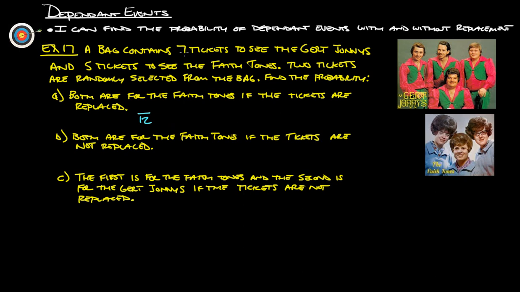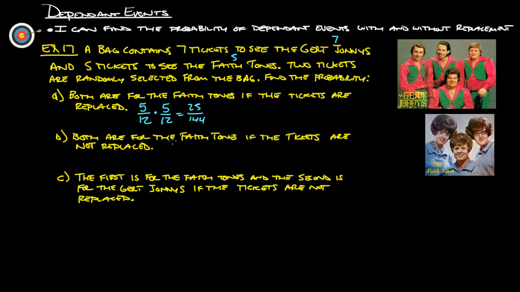So both are for the Faith Tones if the tickets are replaced, so let's just do one at a time. So 5 out of 12 for the first one, and then the ticket is placed back in there, so then it's going to be another 5 out of 12. So that's going to be 25 out of 144.